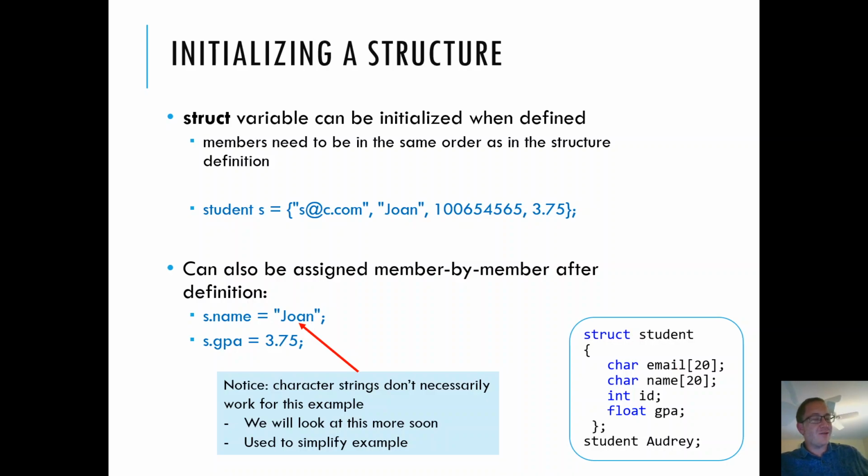When we get to strings, I think next lecture, or very, very soon, we'll see why this isn't going to actually work. But for the time being, just imagine I can just put in the string Joan into the name and I'm good to go. It's not true in this case yet, but we will see that shortly. I wanted to simplify things.